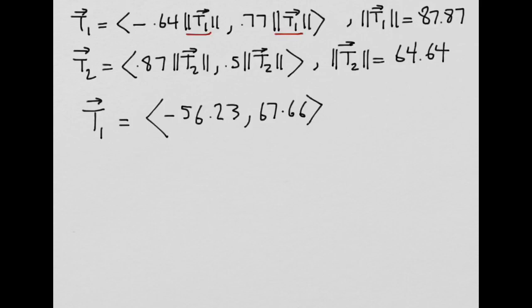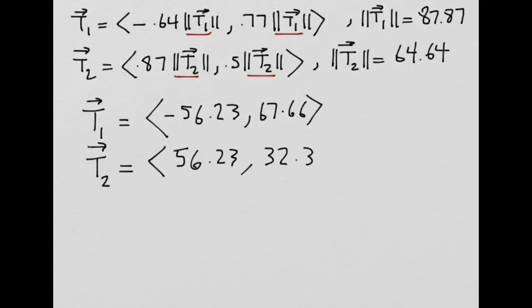And if we plug in 64.64 for the magnitude of T2, we get that the force T2, which is the tension in the second string, has components 56.23 and 32.32.